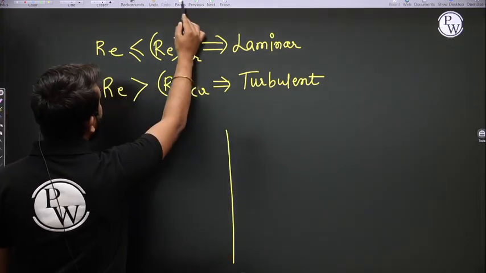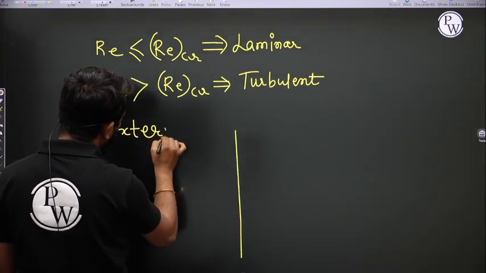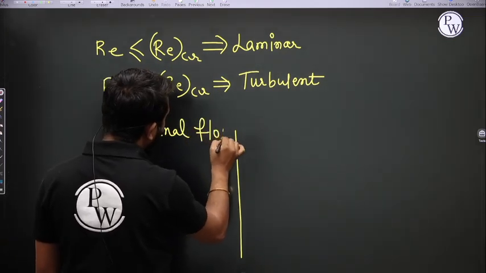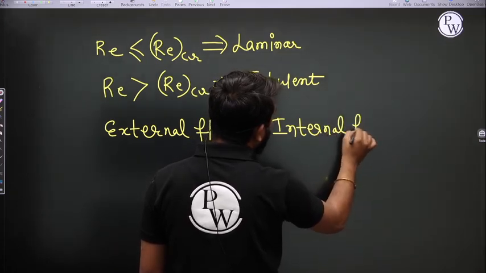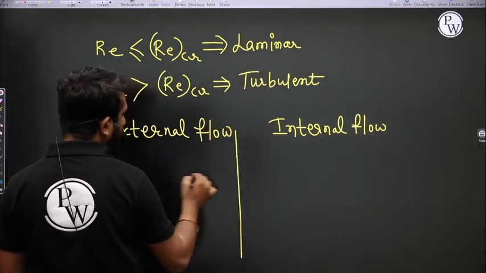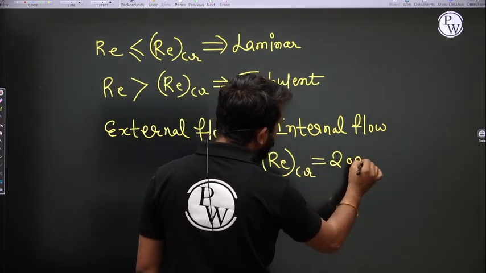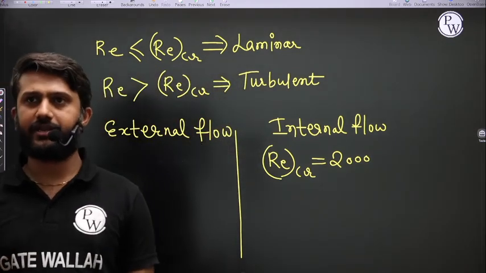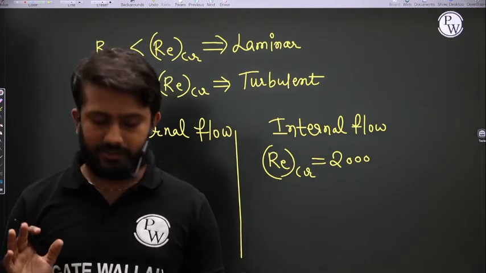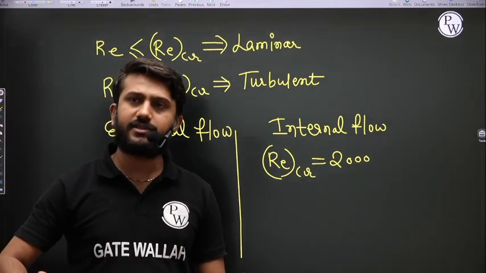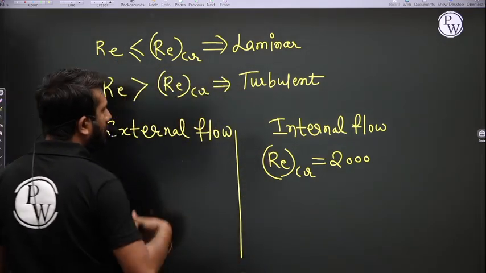In case of the internal flow, the critical Reynolds number is 2000. In some books, it is given as 2300 also. That is also correct. So 2000, 2300 both are correct. Here I am taking critical Reynolds number as 2000 for the internal flow.